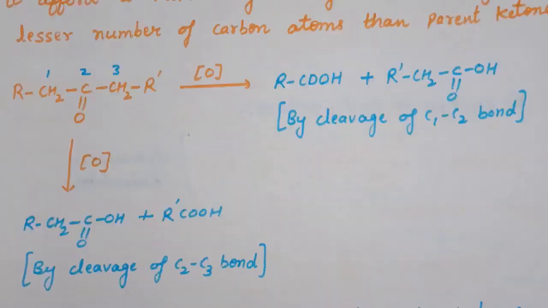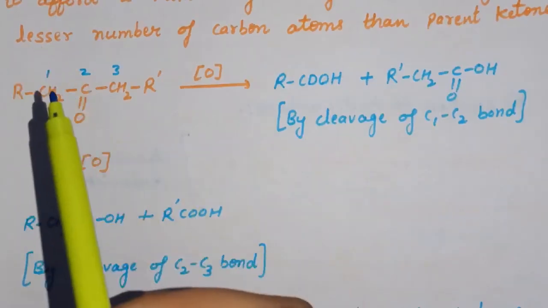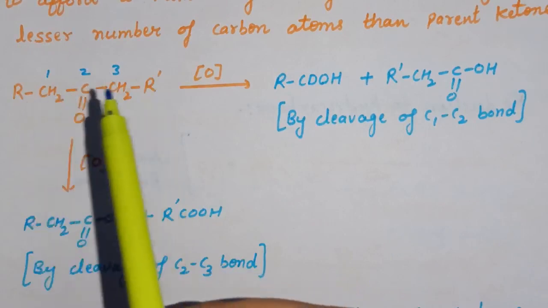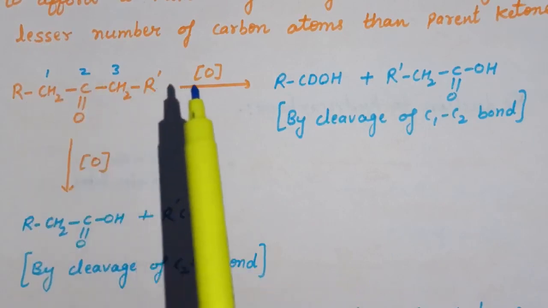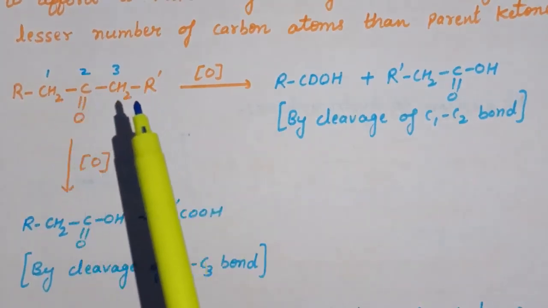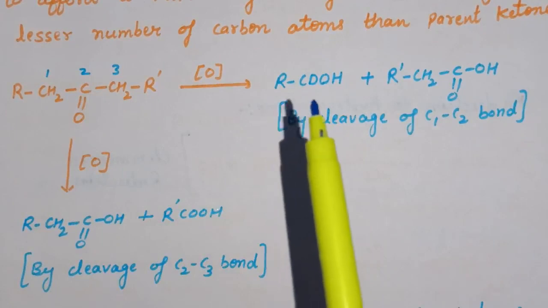For example, here two alkyl groups are attached to this carbonyl group and this is a ketone. Now oxidation of these ketones results in the formation of four products.